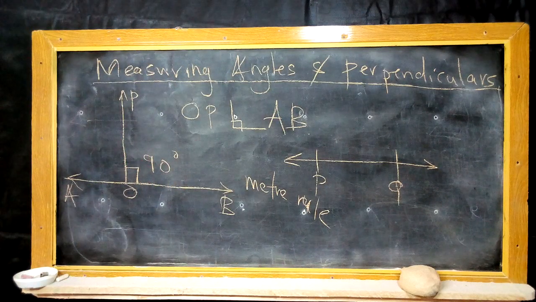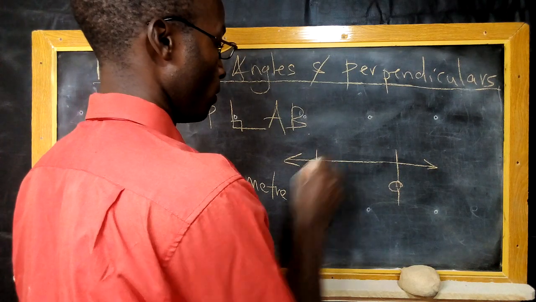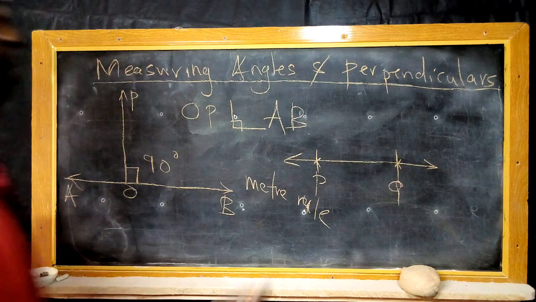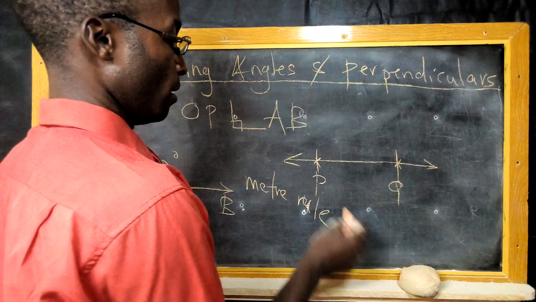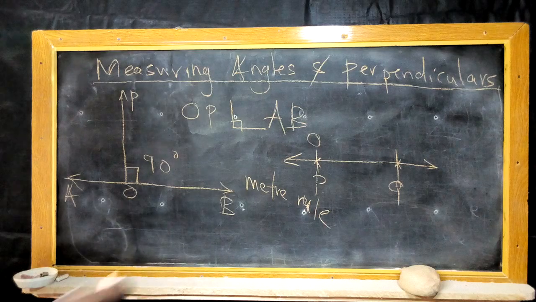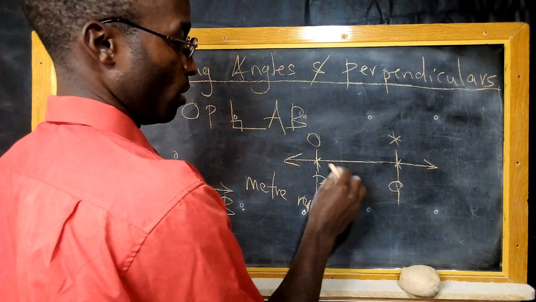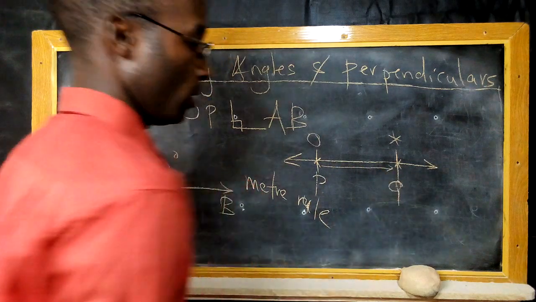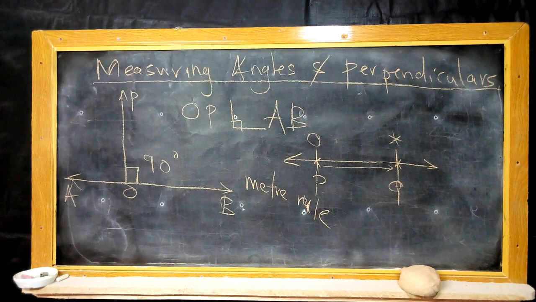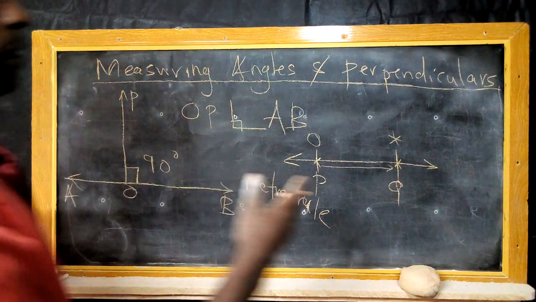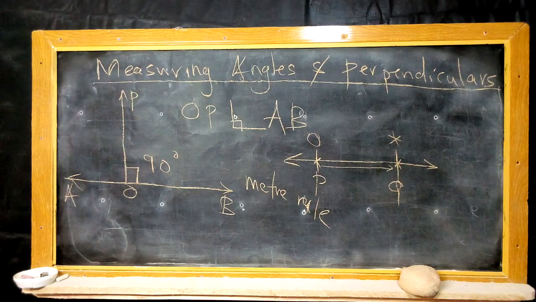When we are trying to measure a line, we measure it from this point P to Q by bringing point P to coincide with the 0 mark on the measuring tool, and then we read the extent to which it extends from this 0 mark to point Q. That will be the measurement, or the magnitude, or the size of the line from P to Q. So in measuring the length of lines, that will be as simple as that.